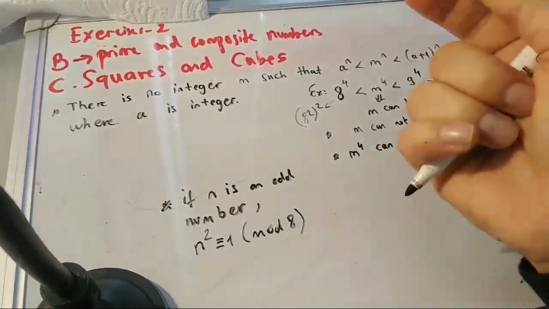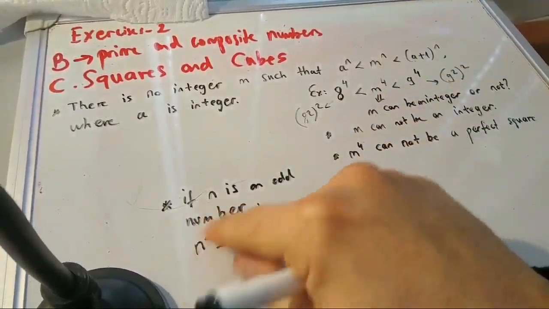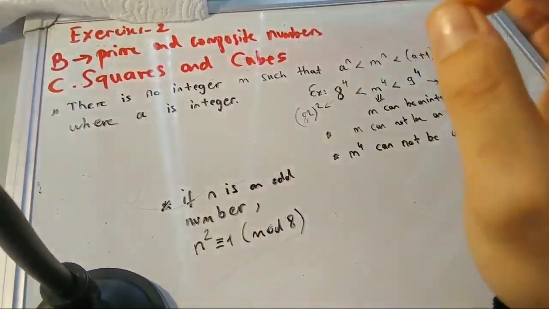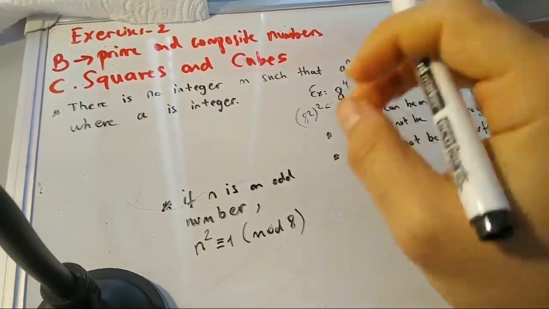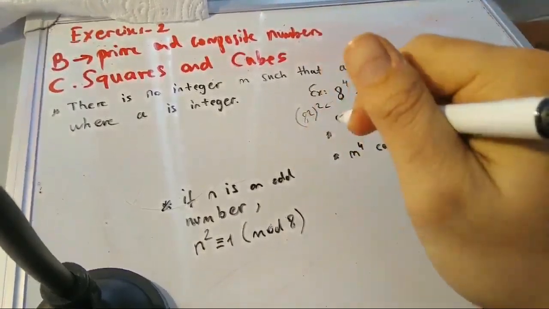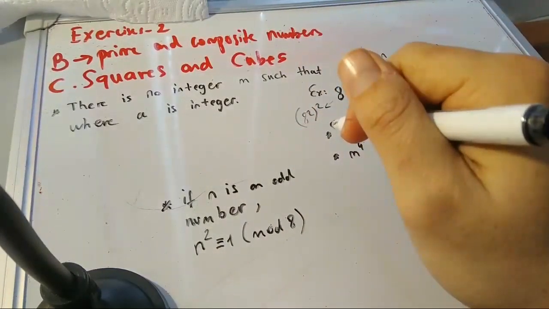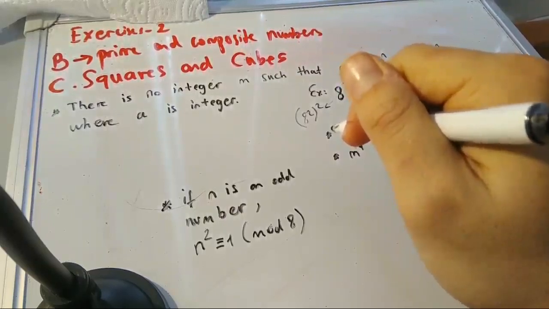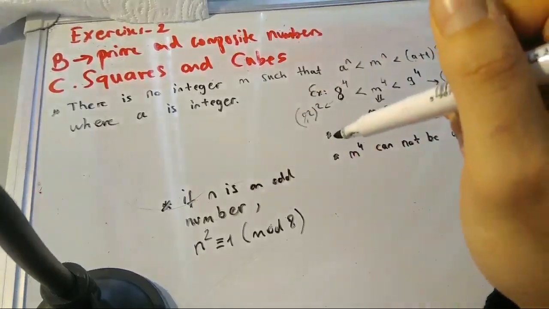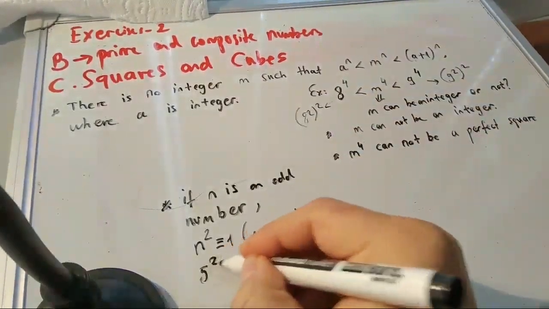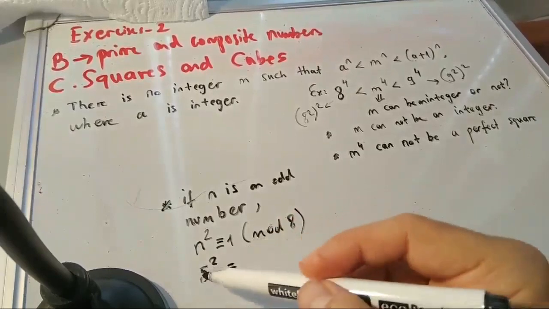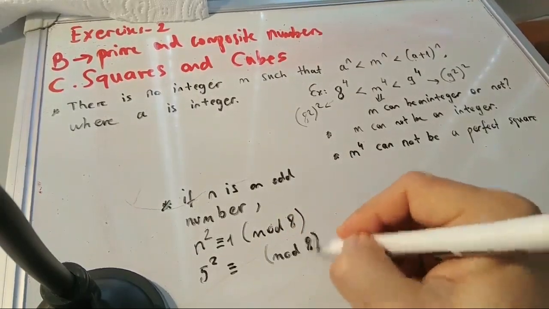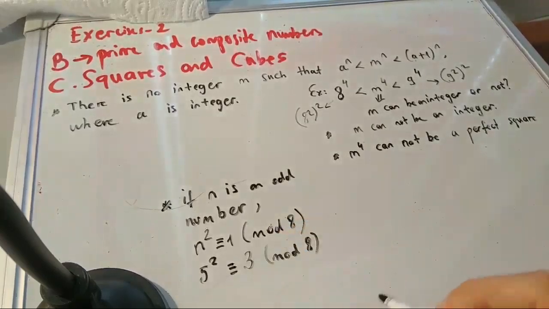If n is an odd number, n squared, a perfect square, is congruent to 1 in mod 8. Can you tell me one odd number for n? 5. 5 squared is 25. When we divide 25 by 8, 3 is left over, right?